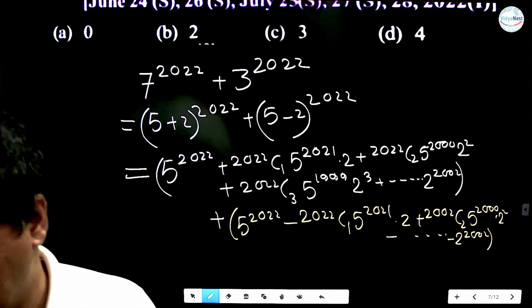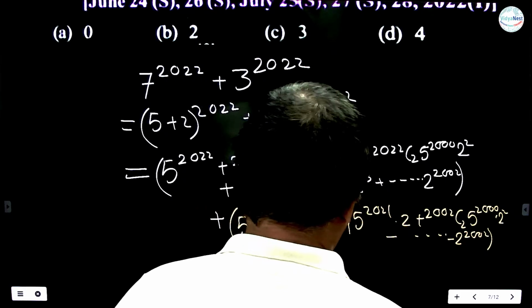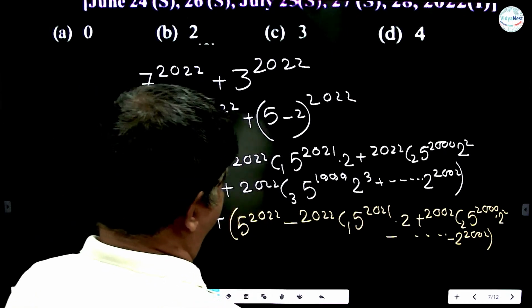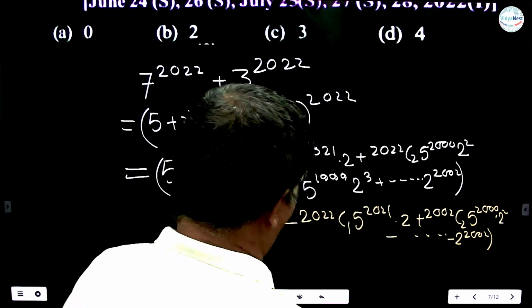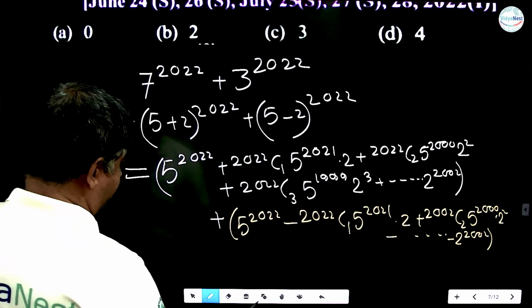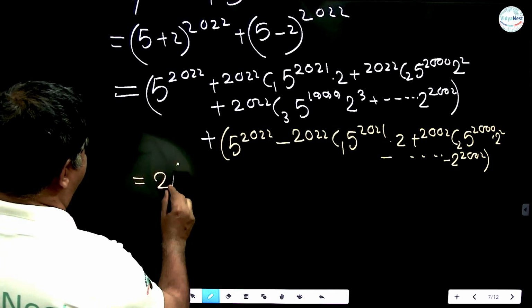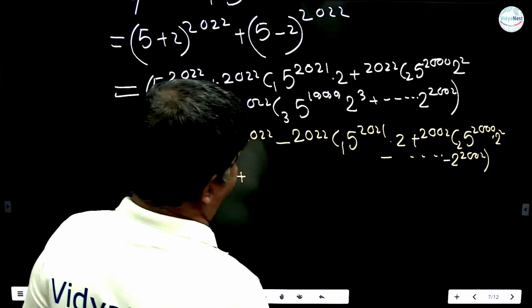So if you remove the bracket, you see all the odd number of terms will get cancelled, and you will get twice the even terms.